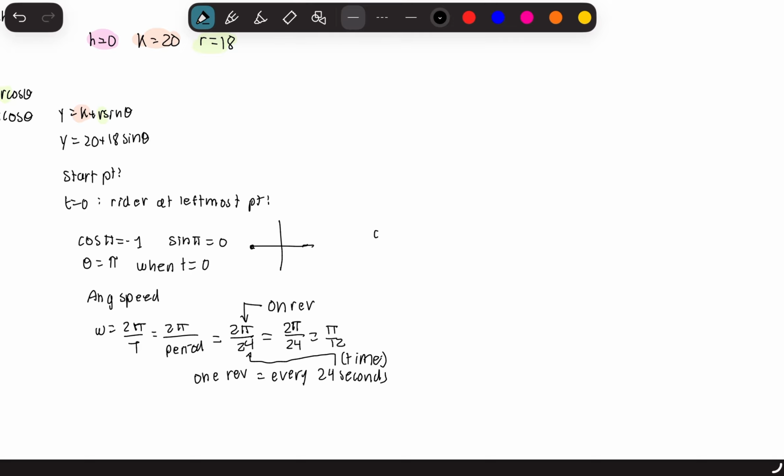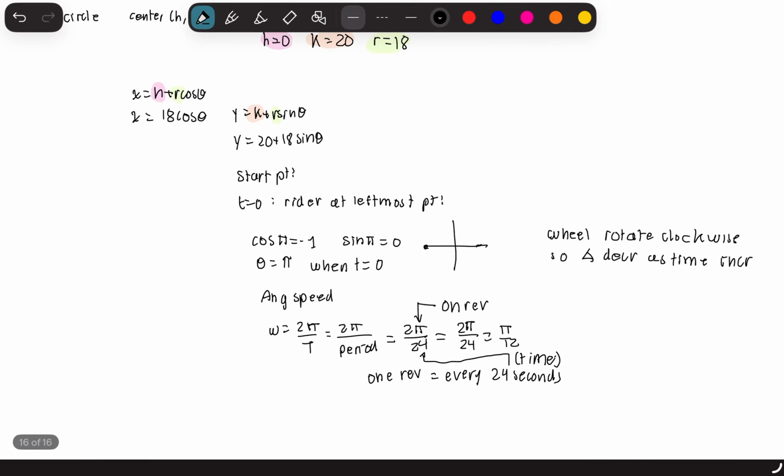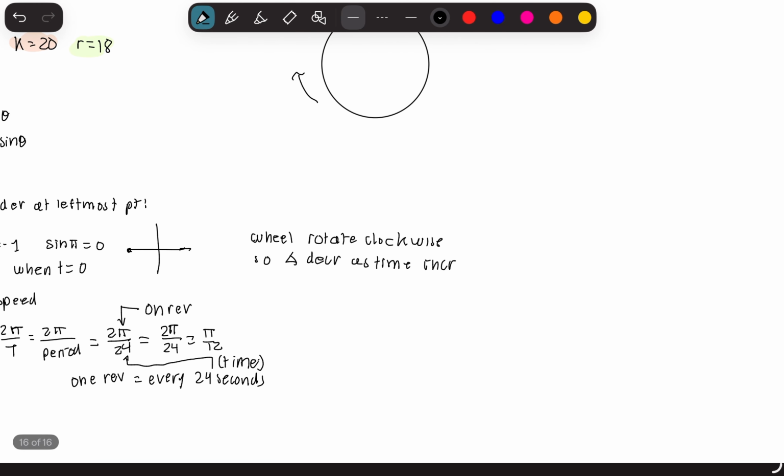And the wheel is going to rotate clockwise, so your angle decreases as time increases. It rotates clockwise, that means you're going this way. Now, theta is going to equal pi minus pi over 12 t.